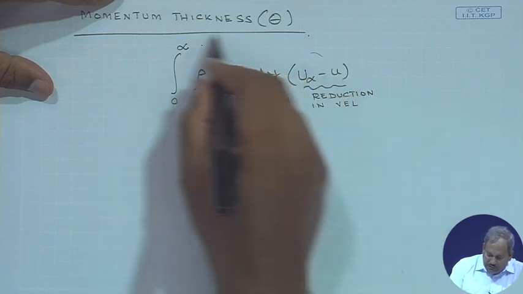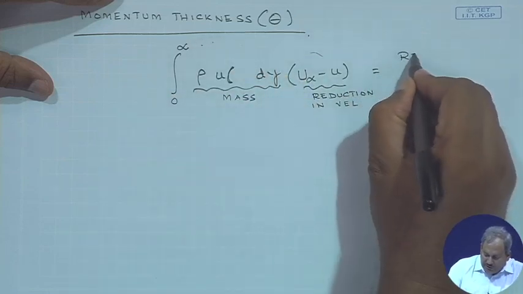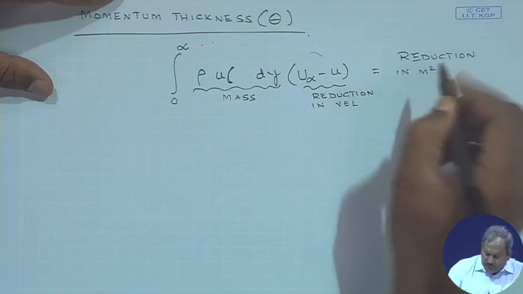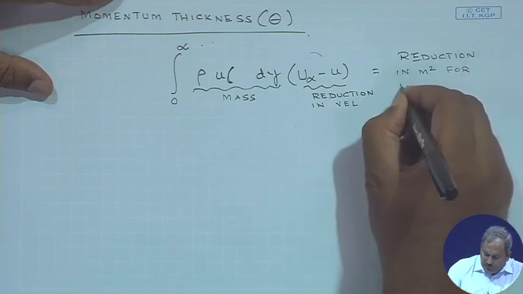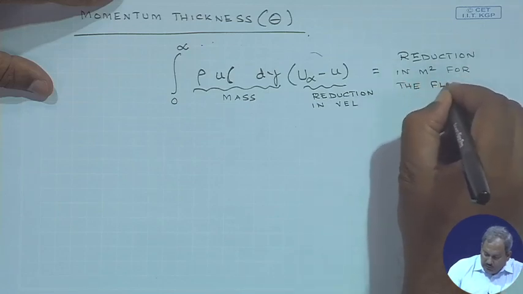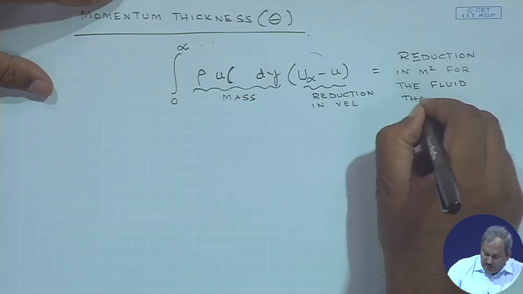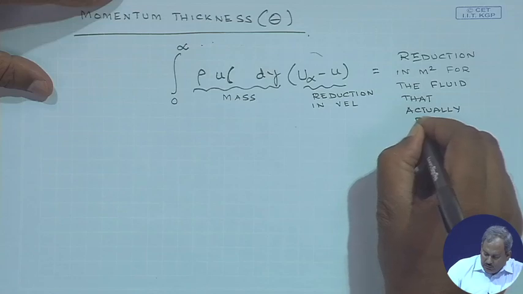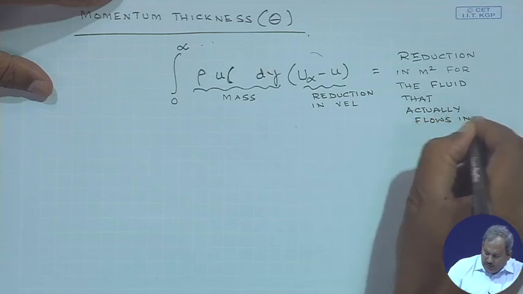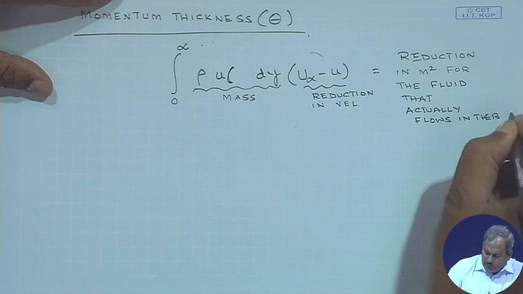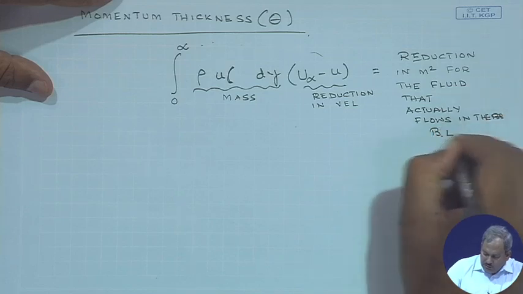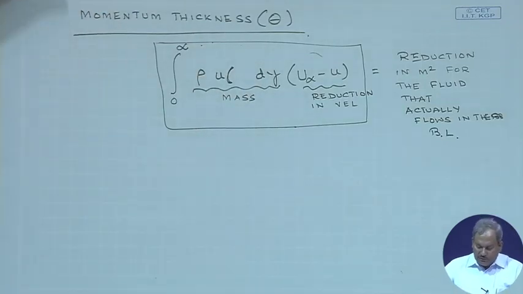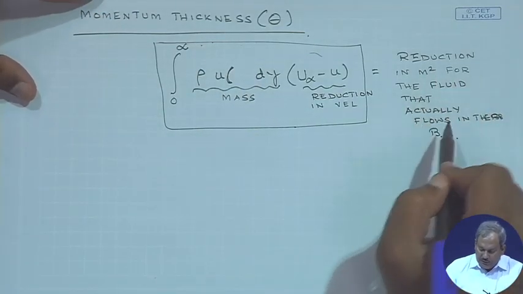So, together this integrand gives me the reduction in momentum for the fluid that actually flows in the boundary layer.